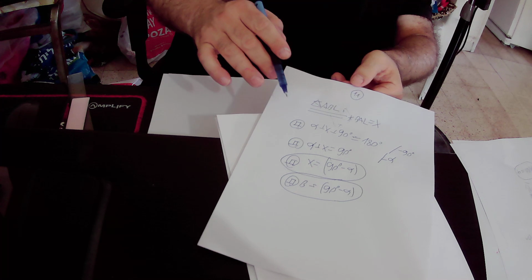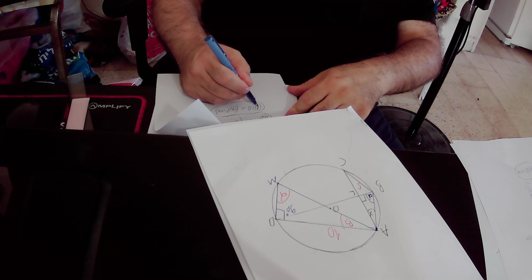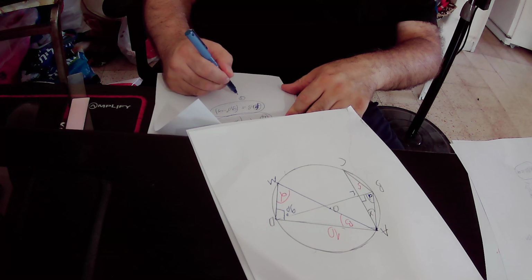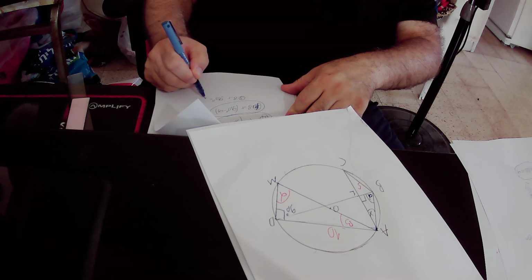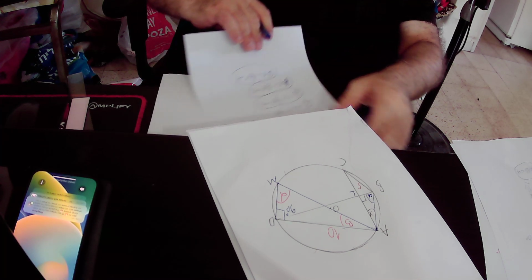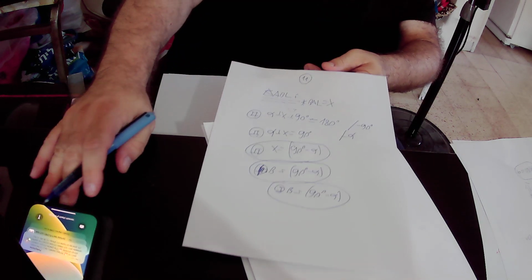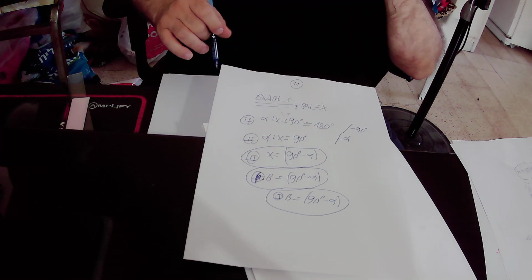Okay, according to equation number 1, beta also equals 90 degrees minus alpha.